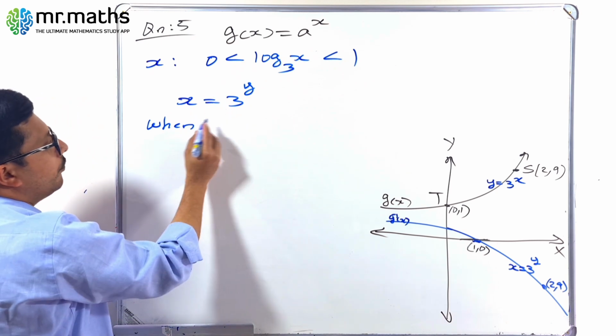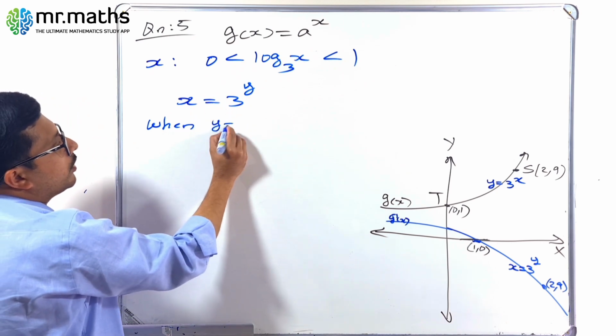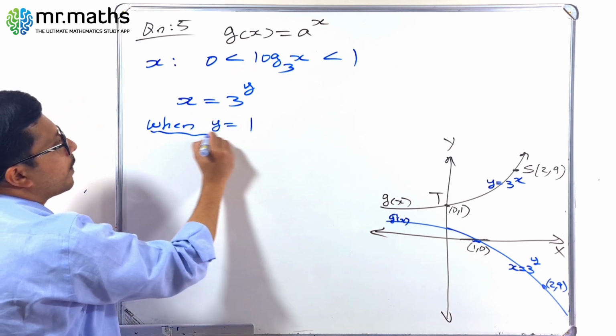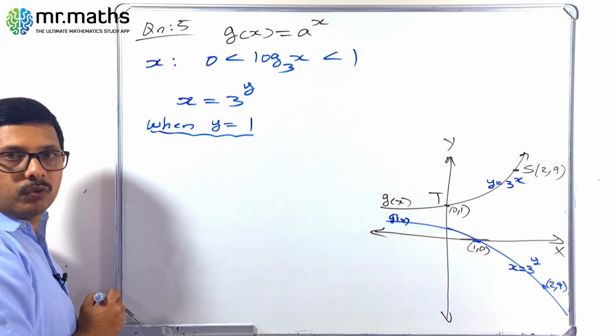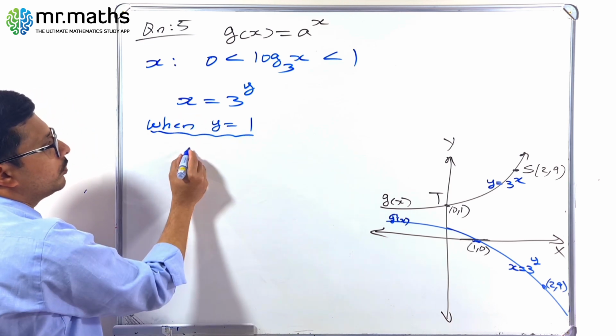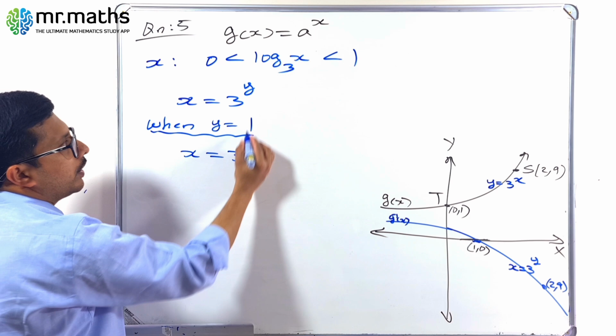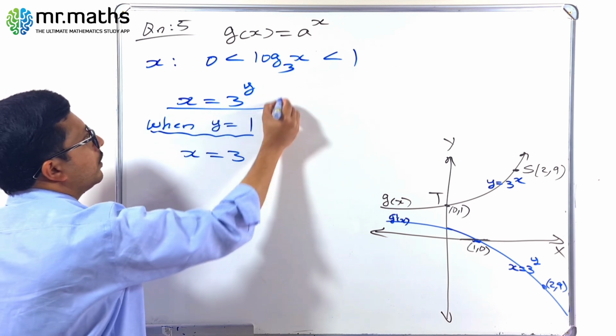Listen once more, this equation and this equation are the same thing. So when y is 1, what is the x value? x is equal to 3 raised to 1, that is 3. This is the inverse.